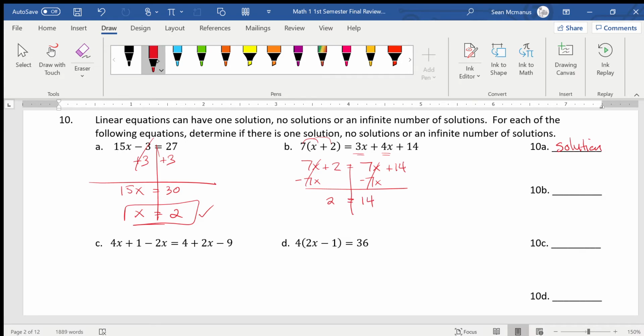So if I ever end up with an answer like this, where I get two numbers equal to each other that are not actually equal to each other, like 2 equals 14, that's not true. That means there's no solution. There's no number I could plug in for x that's ever going to make that true.